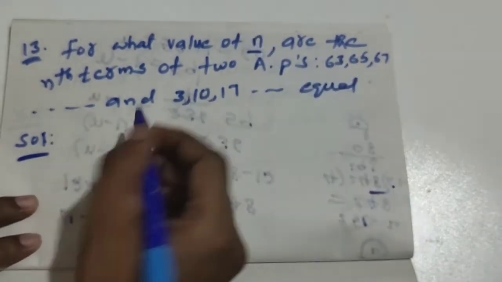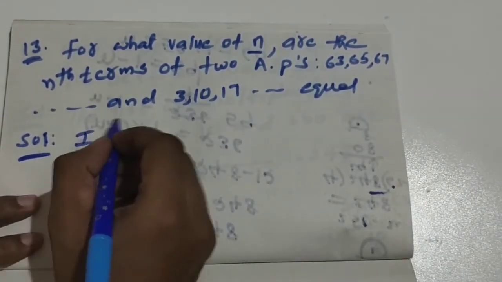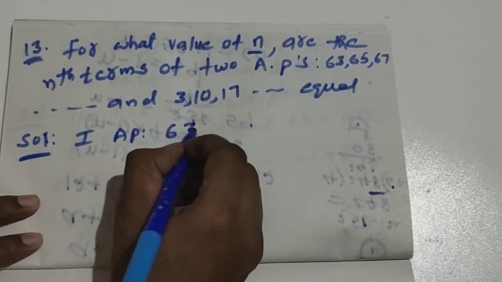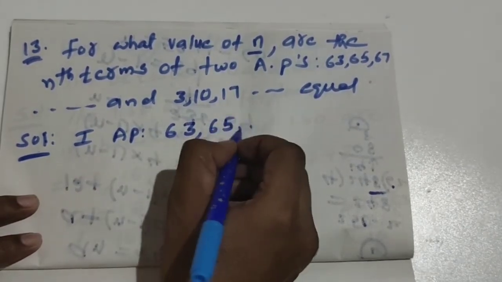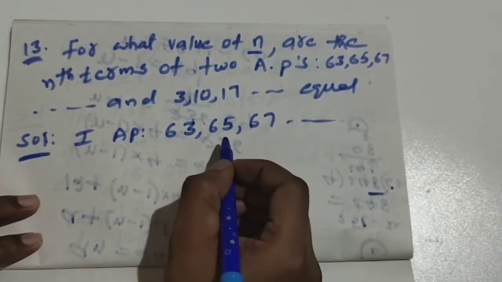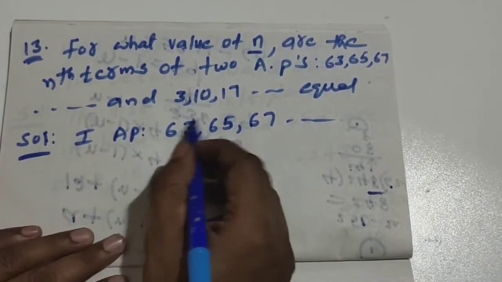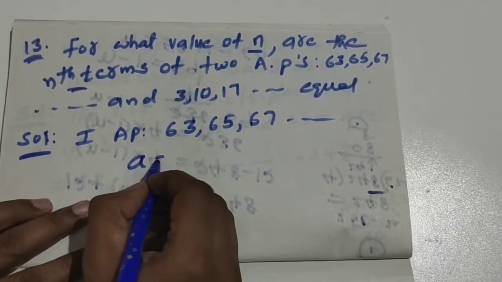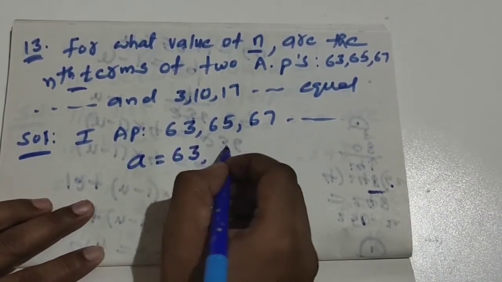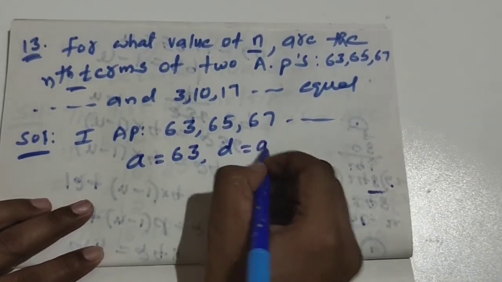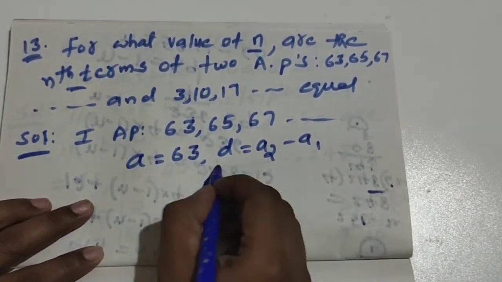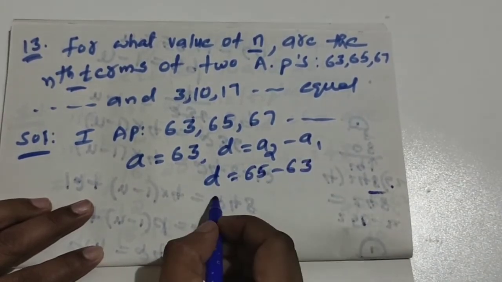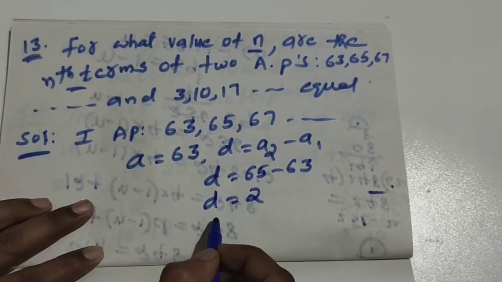So first of all, write the first given AP. What is the first AP here? The first arithmetic progression is 63, 65, 67 and so on. So first find the nth term of this one. That is what they are asking. To get the nth term, again we need A and the common difference, that is D is equal to A2 minus A1. 65 minus 63, that is 2.